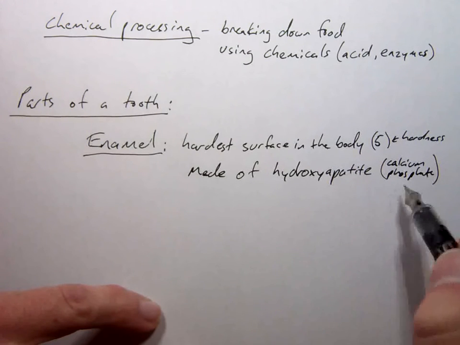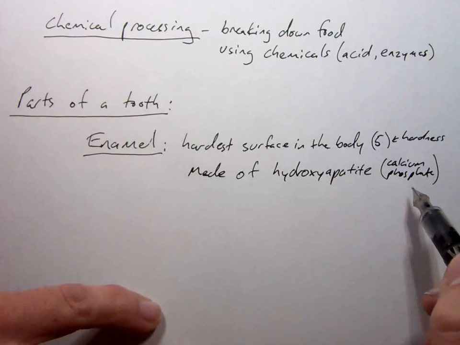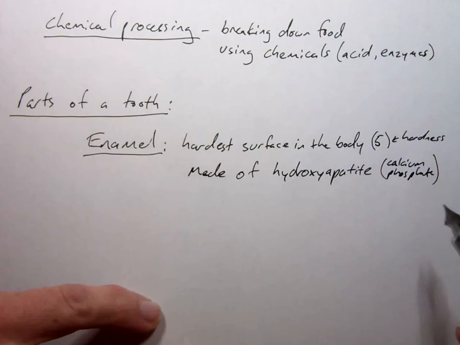But where have you heard of calcium phosphate before? Chemistry? Good. But in this class, where would we have mentioned it? In bones, yeah. Two-thirds of a bone's weight is this. Well, enamel is way more than two-thirds of this.